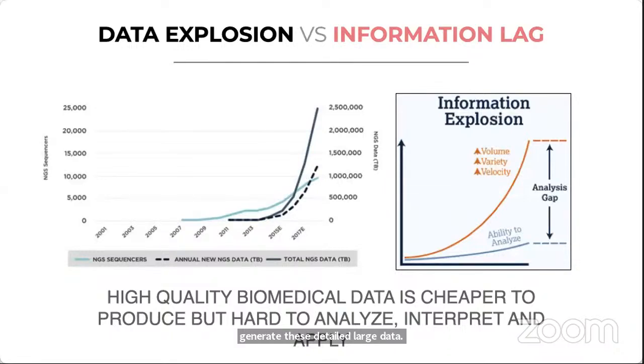However, there is an ever-growing information lag that complicates the translation of this data into practical and impactful insights at the point of care. This is what we call the analysis gap, and it depends on our ability to generate new data and our ability to process, digest, and analyze the existing data to interpret it for the benefit of individual patients.